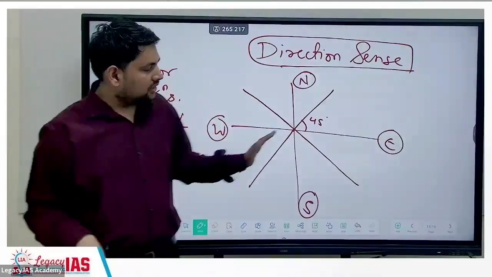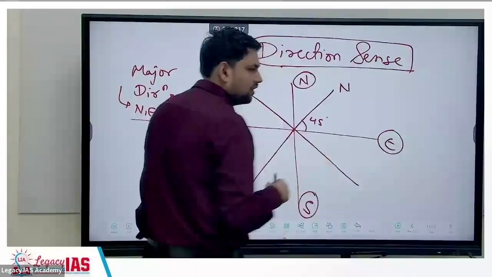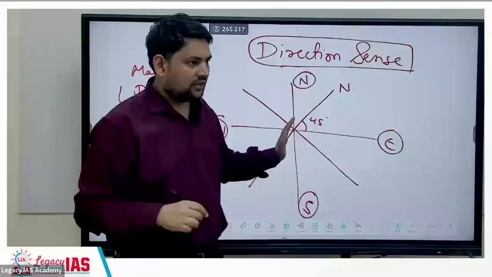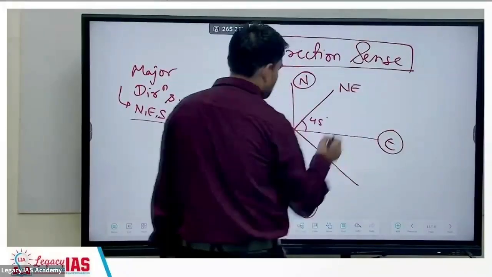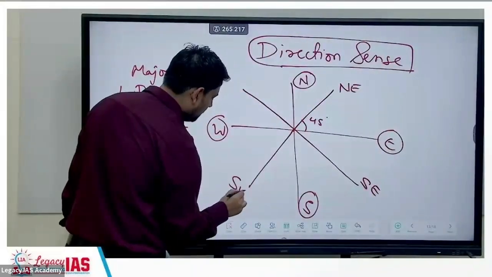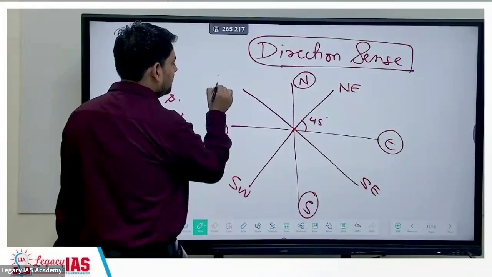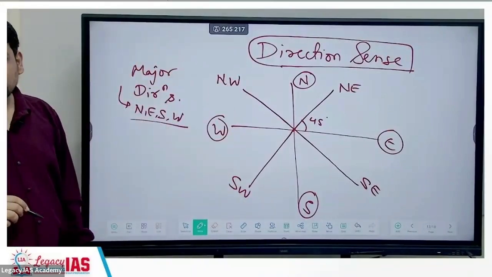Then if I draw all these at 45 degrees, I get north and east. It is between north and east, so we write it north, east. This is south, east. This is south, west, and this is north, west. Correct?